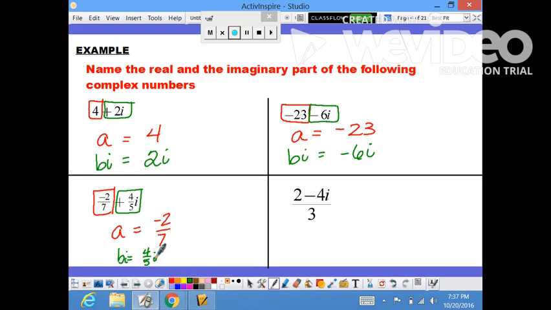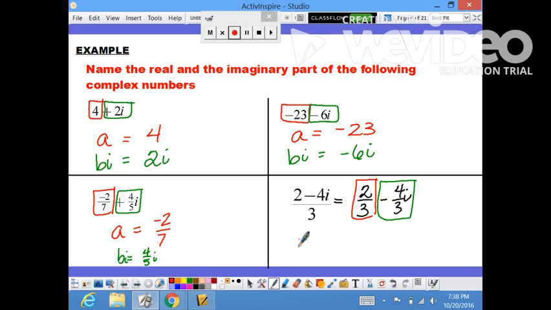And last but not least, you have 2 minus 4i over 3. To begin this one, let's break it up. We're going to break it into 2/3 minus 4/3i. Now we're ready to name the real part and the imaginary part.